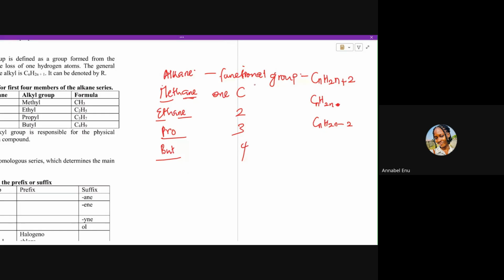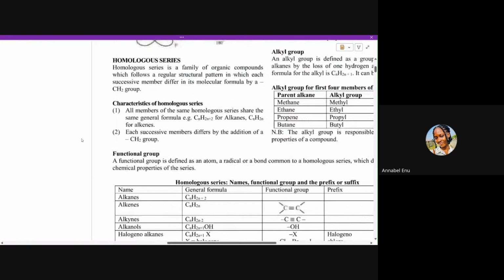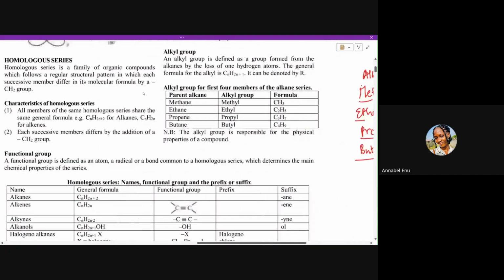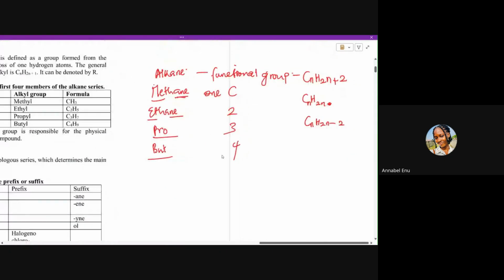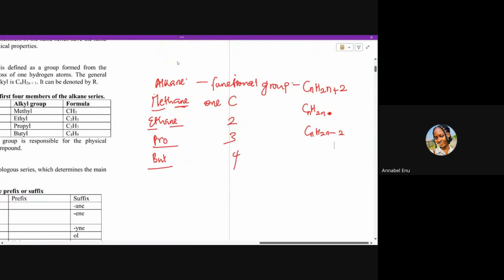All right. In the definition here, we say the members of the same group differ by a CH2 group. What does that mean? It means that if we are following this formula for alkane, we are going to write the molecular formula of alkane as C. We said n is the number of carbon atoms, and meth means 1.